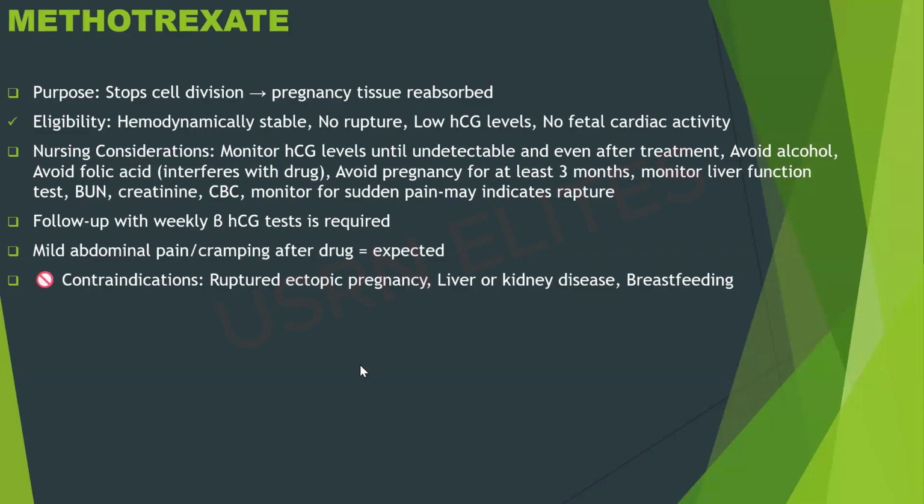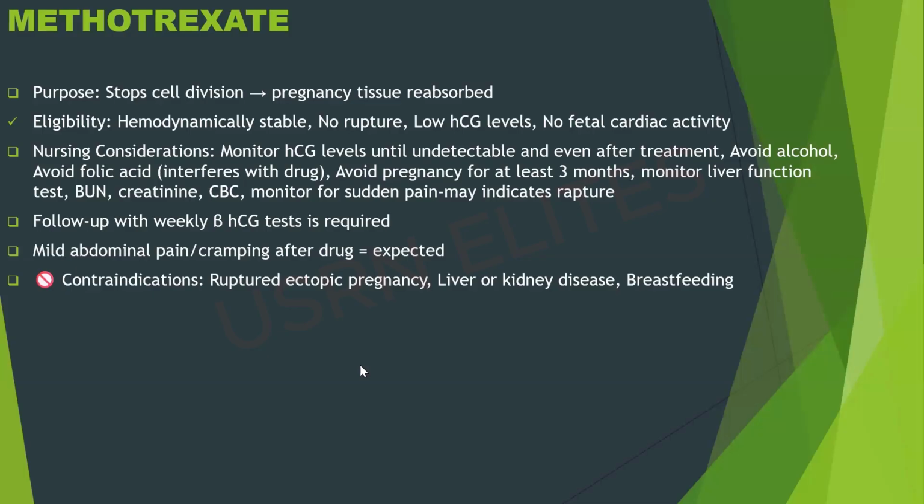That is when we begin to give methotrexate. So when the patient is hemodynamically unstable, we don't go in for methotrexate. And when it is not ruptured, we can give. But once it's ruptured, it becomes an abdominal emergency, and there wouldn't be any need for methotrexate.